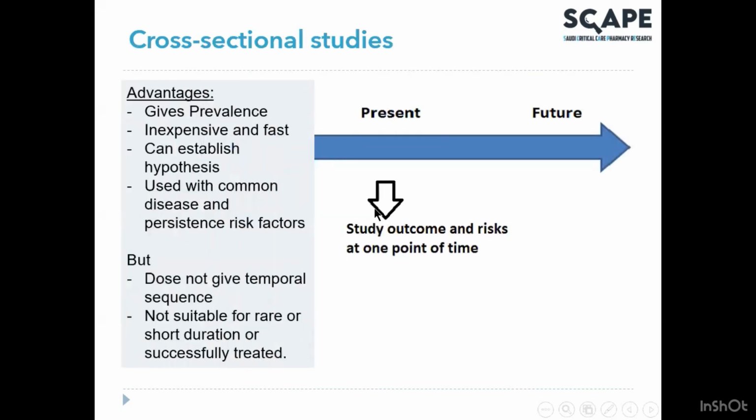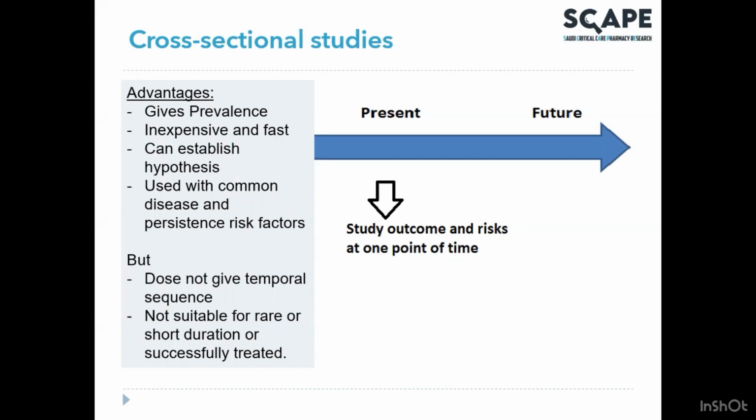Here is the present time, and here is the future. We study the outcome and risk at one point of time by different mechanisms, either by doing a survey of the participants, which is the most common, or by reviewing the charts of the patients, or by collecting online surveys.